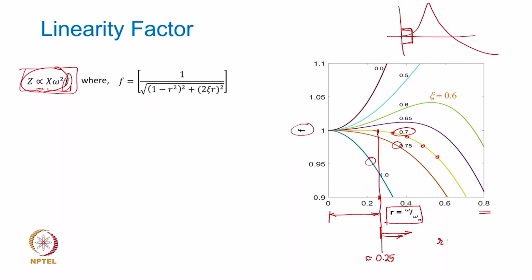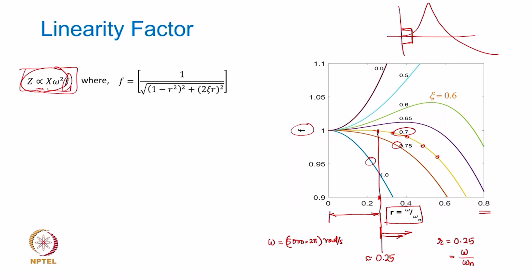Now, when r is equal to 0.25, for the sake of illustration here, what does that mean? Supposing I am supposed to measure a frequency, let us say 5000 hertz, which is going to be 5000 into 2 pi radians per second, just for the sake of simplicity and illustration here. I am saying that from my gearbox, the vibration frequency of interest is 5000 hertz.